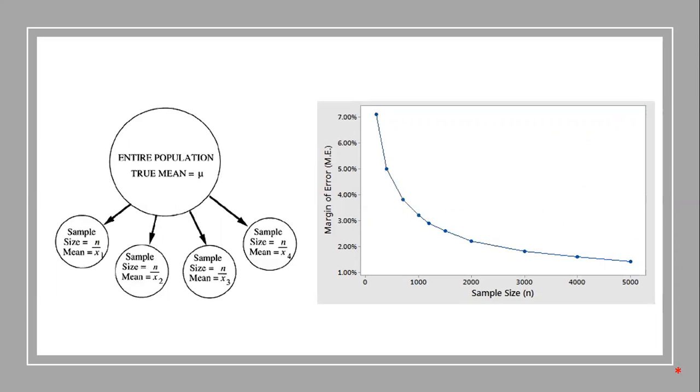The illustration on the right depicts the idea that as our sample size increases, our sampling error decreases. All in all, larger samples tend to more accurately reflect the population from which they are drawn.